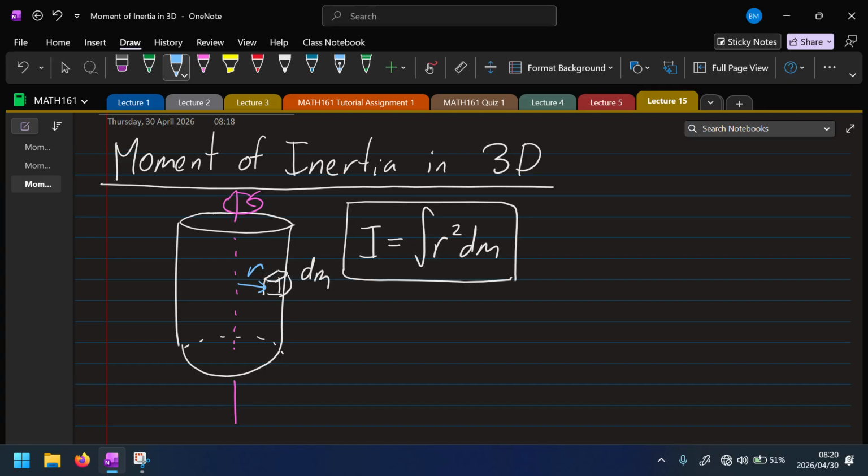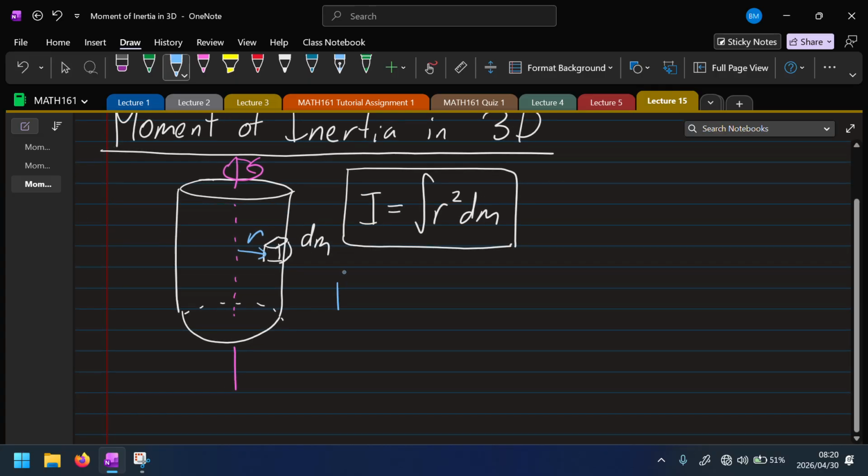Now in 1D, we had the linear mass density, dm over dx. For 2D, we had the 2D mass density, dm over dA. In 3D, it will be dm over dV, like we did yesterday.